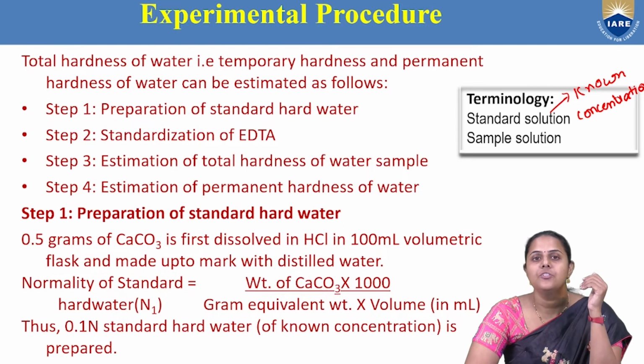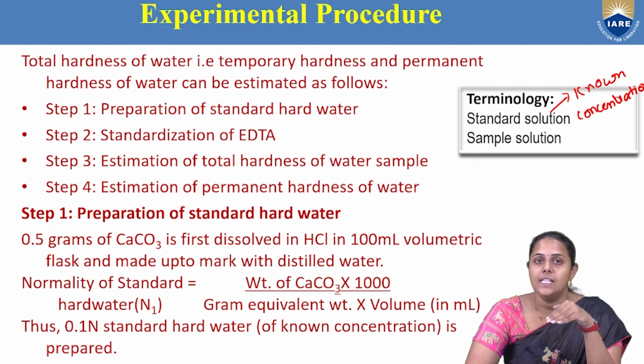In this experiment, there are mainly 4 steps. The first step is preparation of standard hard water solution. The second step is standardization of EDTA, meaning we don't know the EDTA concentration, and in this step we will find it out.